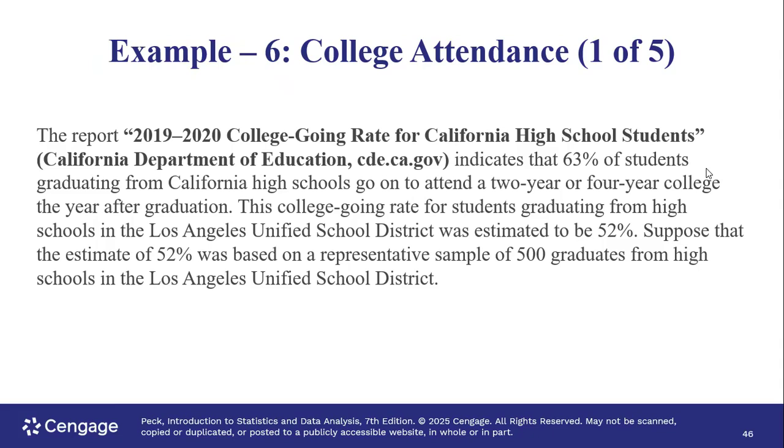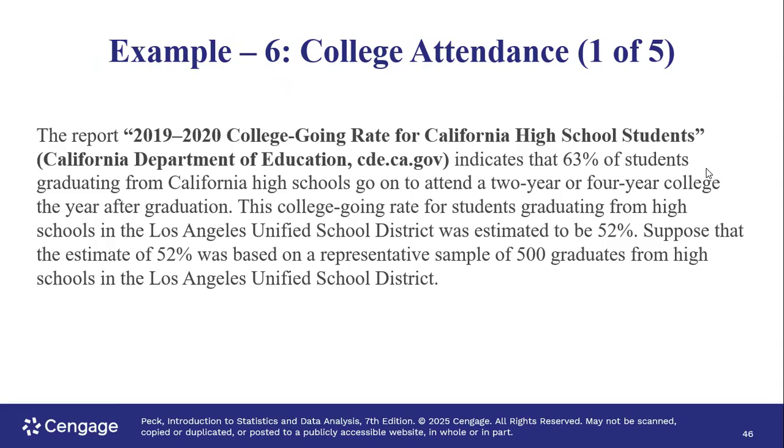Remember, sample proportion is equal to number of successes, or X, divided by sample size of 500. If I multiply by 500 on both sides of that equation, my goal is to solve for X, the number of successes in that sample of 500. So it will be 500 multiplied by 0.52, or 260.